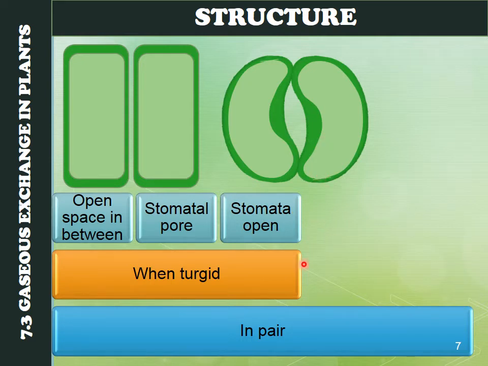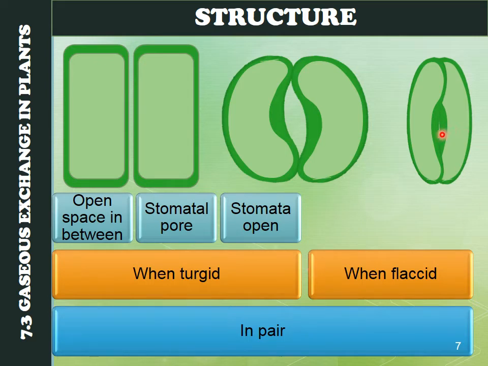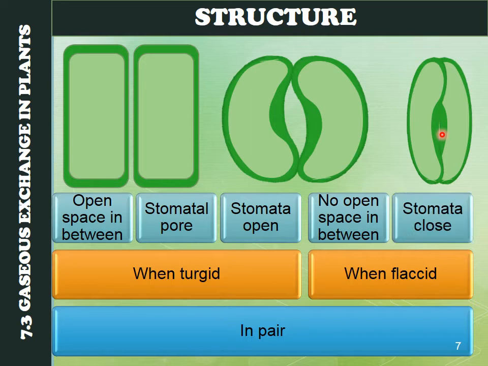Now when the cell loses water and becomes flaccid, and it comes as a pair, you find that there is no space in between the two cells, and we consider the stomata closed. So you see, by having this concave or kidney shape, the stomata is able to open and close.